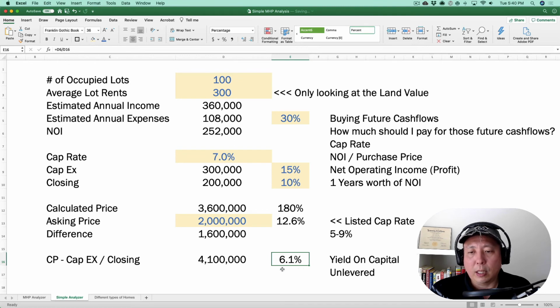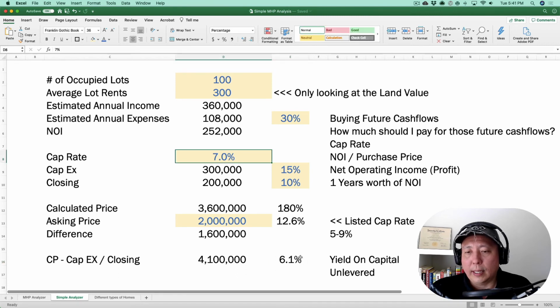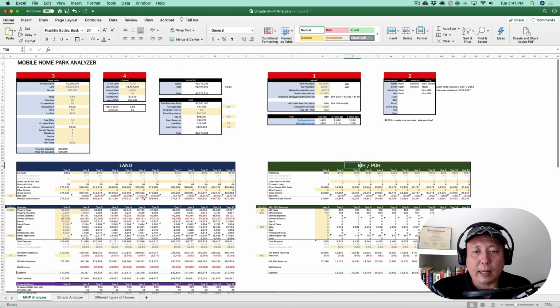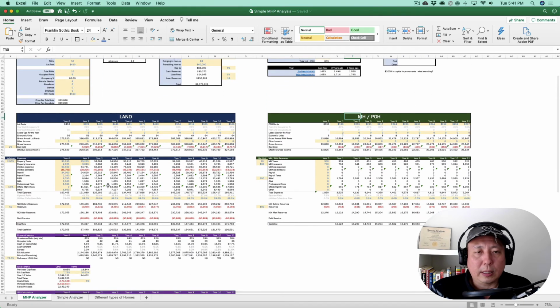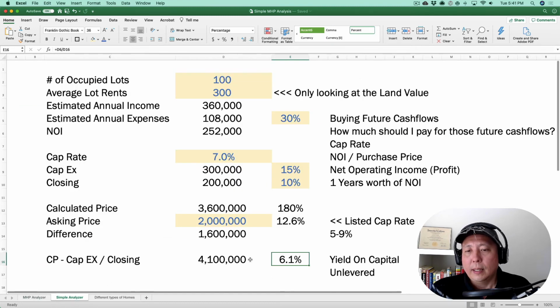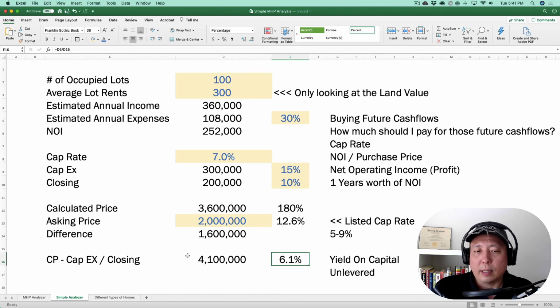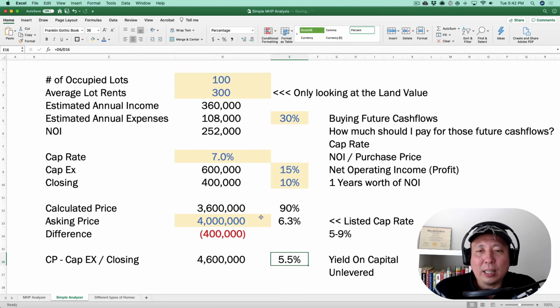So that's just something to keep in mind. To keep things simple, you should probably be focused more on your year one yield on capital. It's really going to depend on the deal factors, and you're going to have to take a look at the entire 11-year analysis to really understand it. But again, these are just shortcuts to generally get a sense for pricing and value.